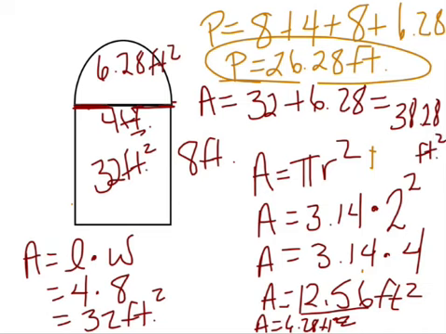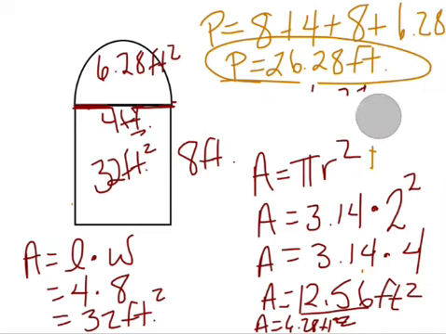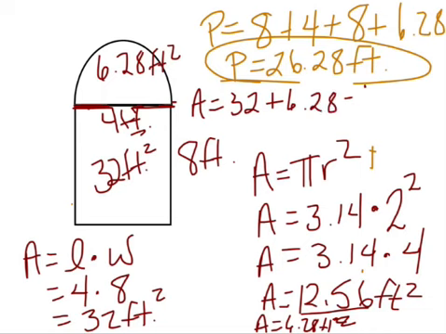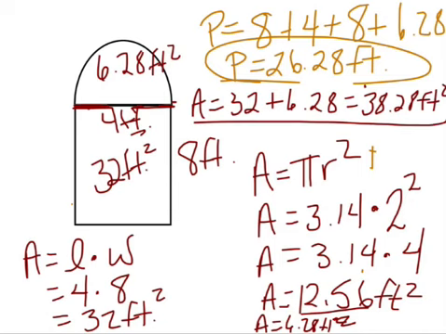I'm sorry that that's so messy. Let me try that again where it'll be a little bit neater for you. Adding those together, the area is going to equal 32 plus 6.28. So that's going to be what? 38.28 feet squared for my area.